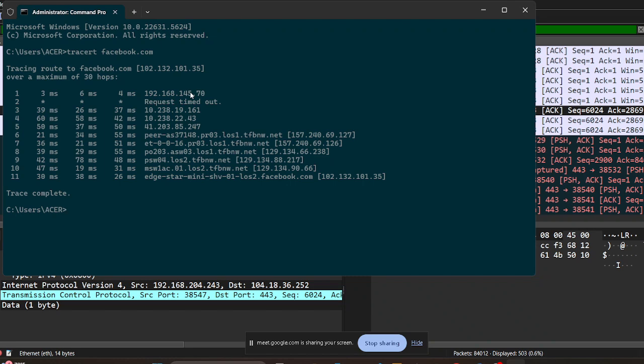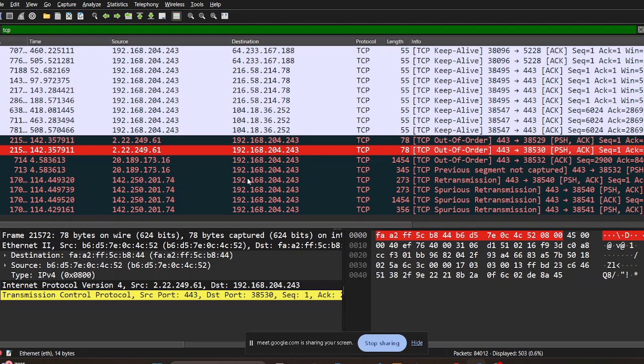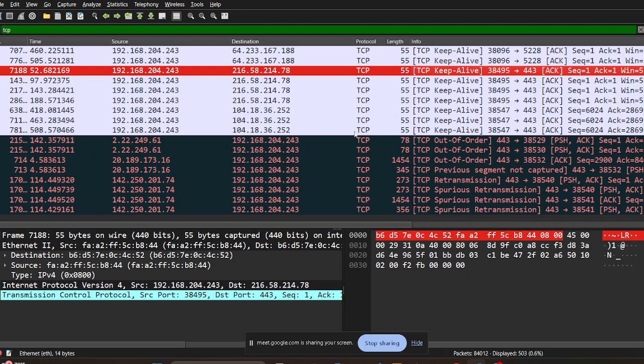And then you notice that you are seeing something like time to live. I don't know if it's here. It's not here, but it's on that ICMP. I know it's on that.